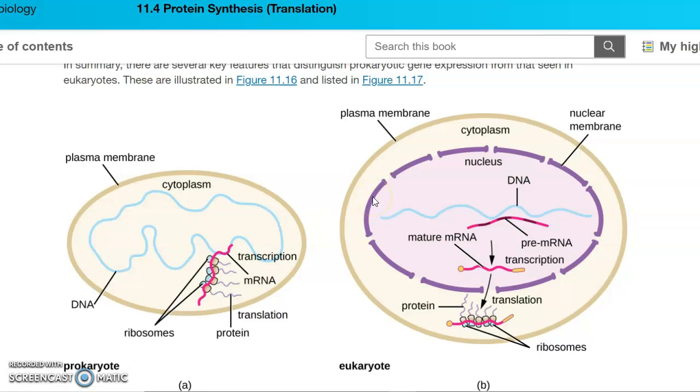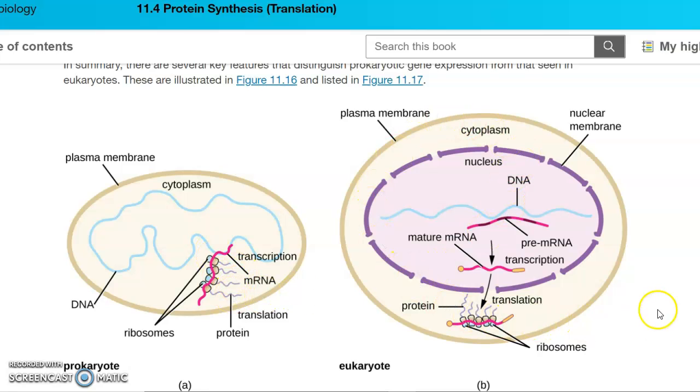Just to reiterate, some differences here that we see. Because prokaryotes do not have a nuclear membrane, everything just takes place right out in the cytoplasm. We get transcription that takes place, we get translation that takes place, and we build each one of our little strands or proteins.